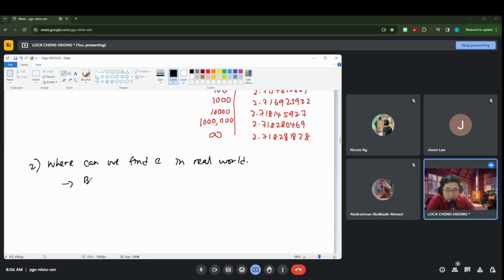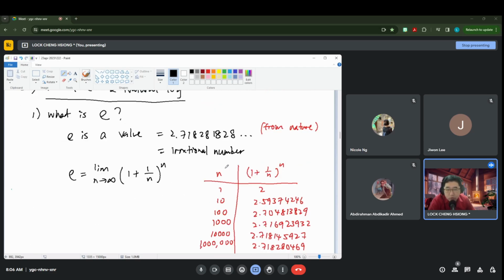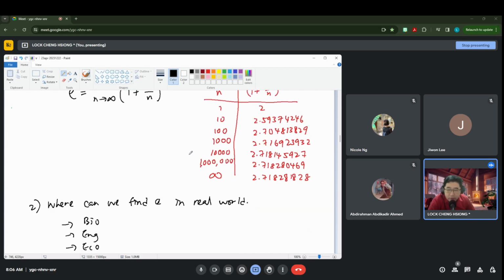We can see it in biology, engineering, economics, business, and geography, and many more. So E is related to our daily life. Again, E is a number, 2.718. It comes from nature and it is defined in this way.